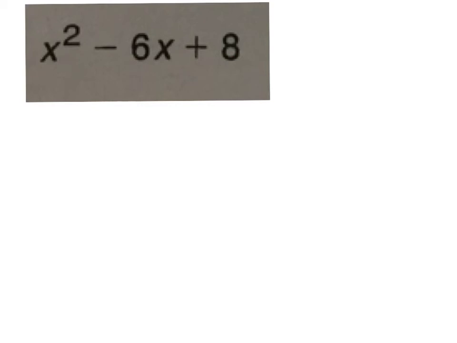Two binomials. So I'm going to write two binomials being multiplied. What times what gives me x squared? X times x. And so then I write down, what are my factors of 8? 1 times 8, 2 times 4, and that's it, right?